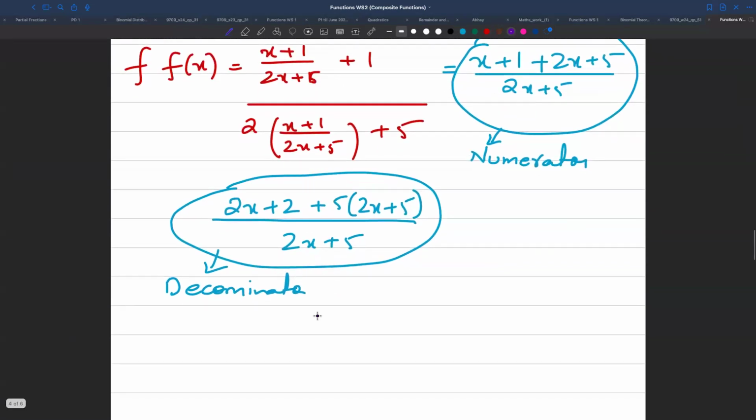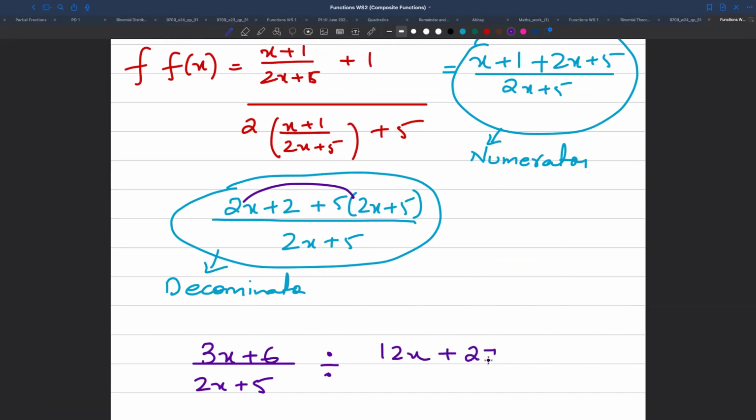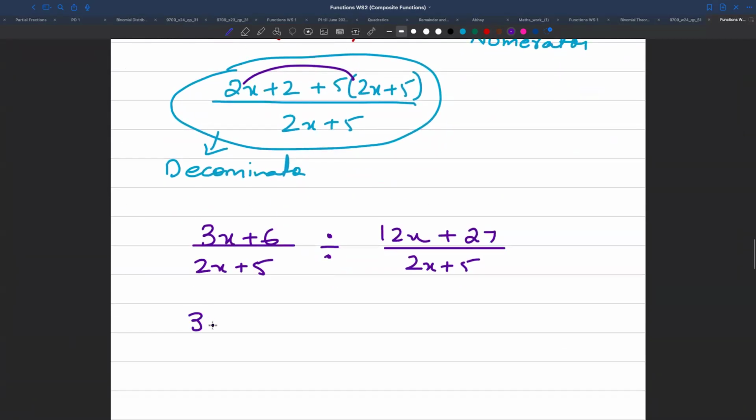So the numerator will become 3x plus 6 upon 2x plus 5 divided by, 2x plus 10x is 12x, and then 2 plus 25 is 27 upon 2x plus 5, right? And I'm sure everyone knows that when I bring in the multiplication sign, it will flip.